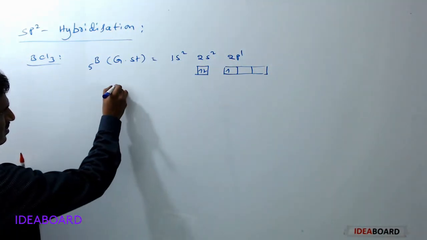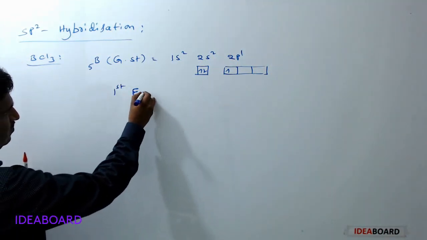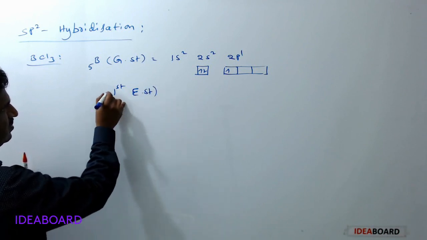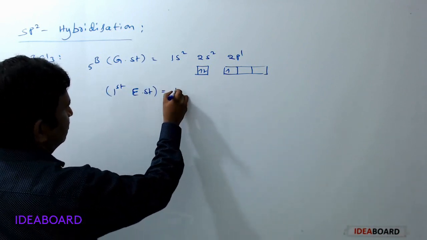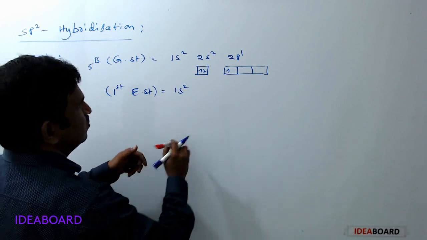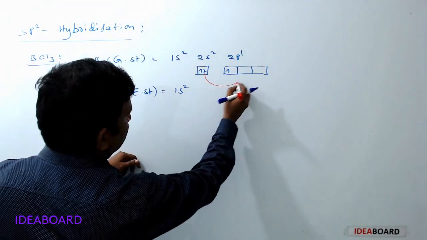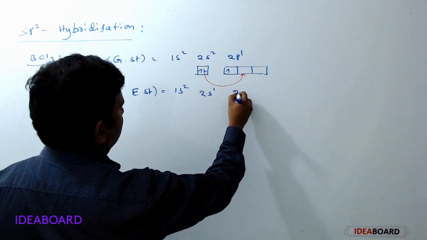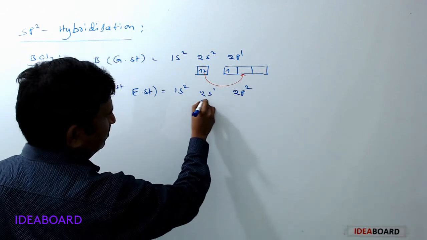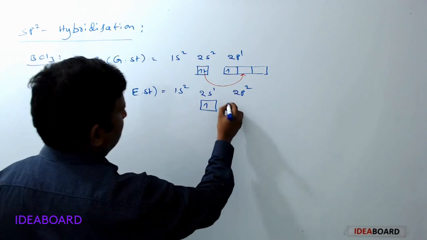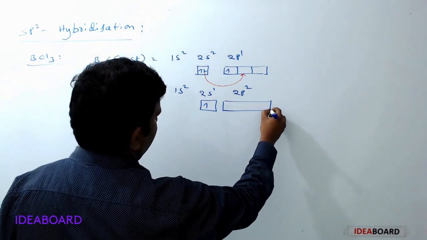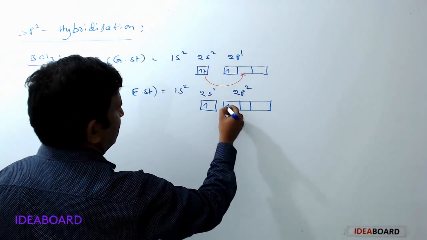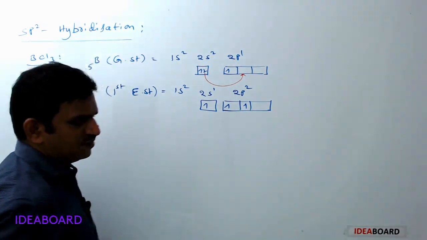And in the first excited state configuration of boron, that is 1s2, one electron jumps into a 2p orbital, so we get a 2s1 and 2p2 configuration. The 2s orbital has one electron, and the 2p orbitals also have one electron each. This is an empty orbital.